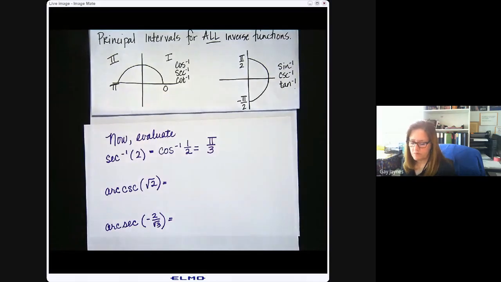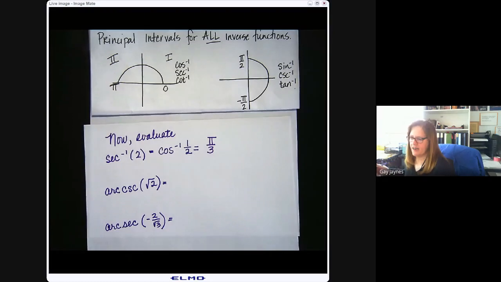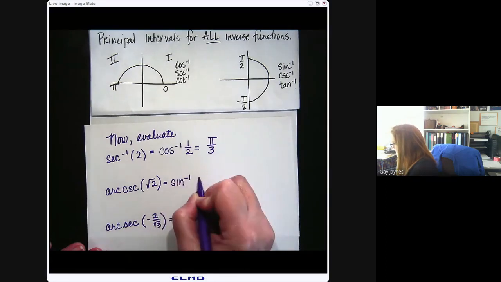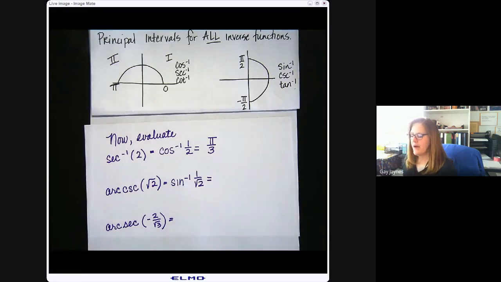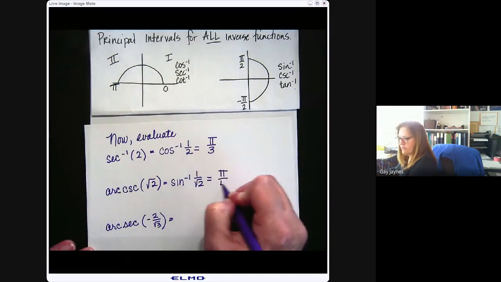Okay? And then when you have arc, remember arc's inverse is just another way of writing it. So arc cosecant can be changed to sine inverse or arc sine of 1 over root 2. So again, that's positive. Look in the 1st quadrant. When you look at the 1st quadrant, you should see that as being pi over 4.